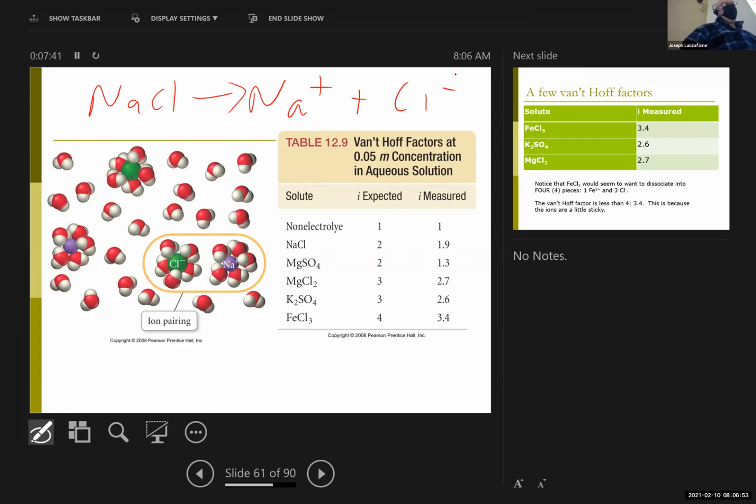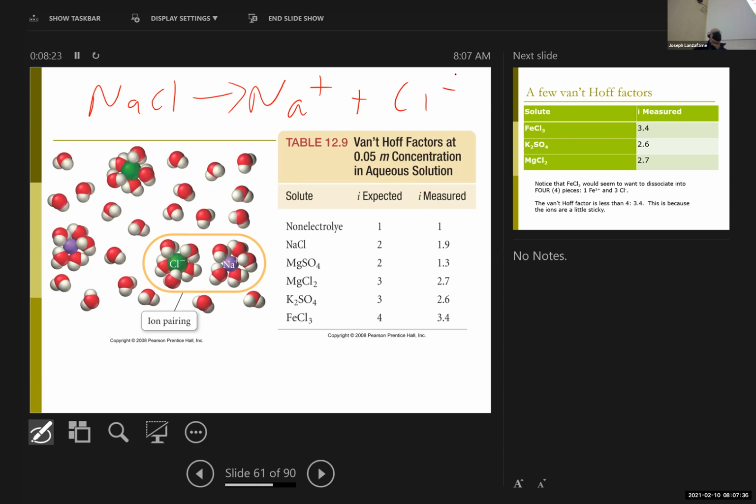As you might expect, dimer formation or ion pairing are concentration dependent. If I have way more ions floating around, it's far more likely that two of them are near each other and have an opportunity to pair. And so Van 't Hoff factors are concentration dependent, and so I always have essentially two Van 't Hoff factors. There's the one I expect to get, and there's the one I actually get.